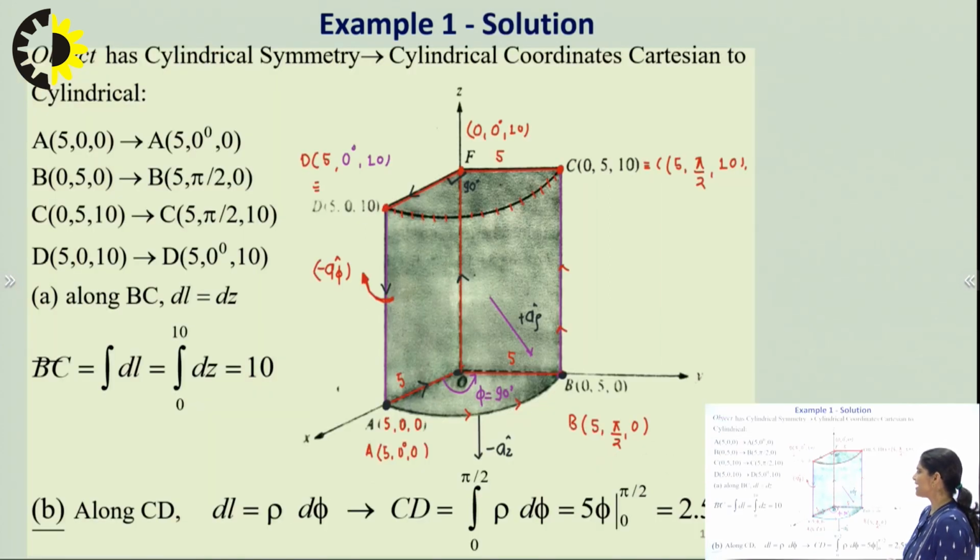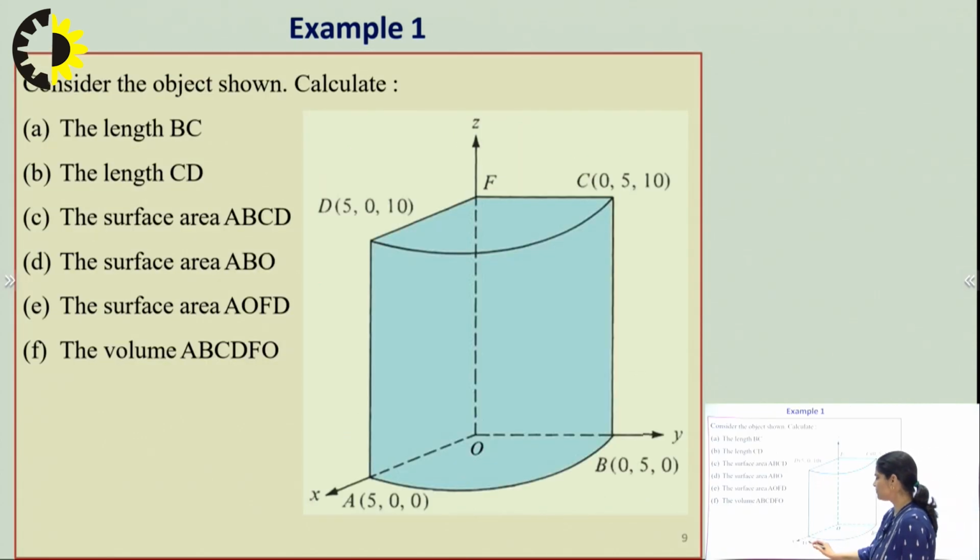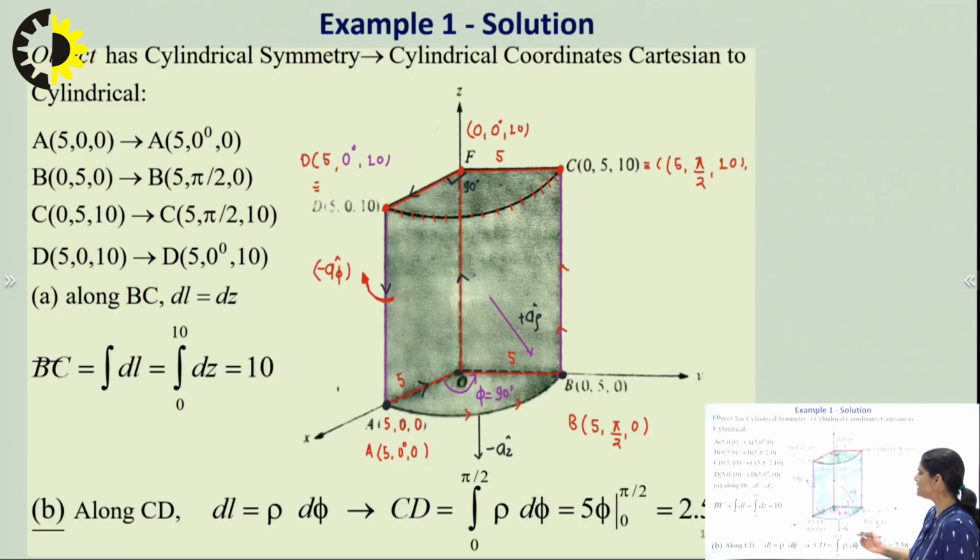Now first write down its coordinates. As already given, the coordinates of A are 5, 0, 0. So these are in Cartesian form, right? And we need the cylindrical case. So write down its coordinates in cylindrical form. How can we write in cylindrical form? As you all know, we have to write rho, phi, z.